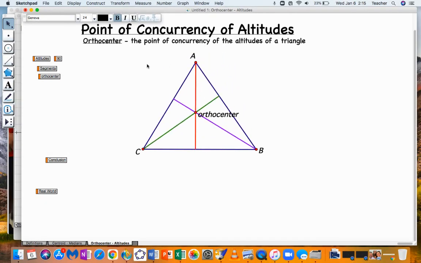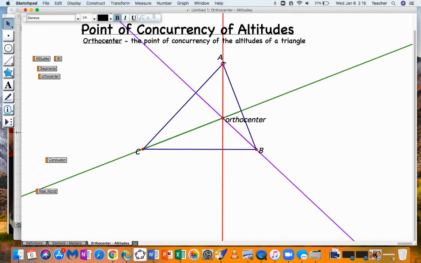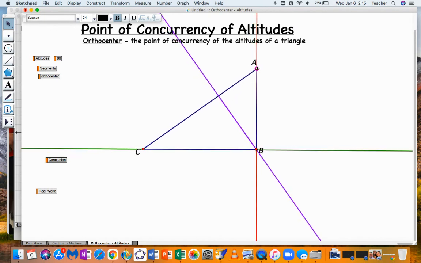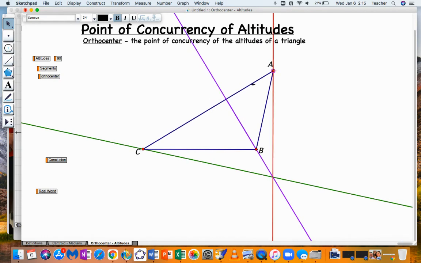So acute is going to be inside. A right triangle is going to be on that right angle. Let's look at it in obtuse. So if I make an obtuse, right, there is a right angle. And if I keep going and make an obtuse angle, in this obtuse triangle now all of a sudden the orthocenter is going to be on the outside. Is that true all the time? Yes, it is.